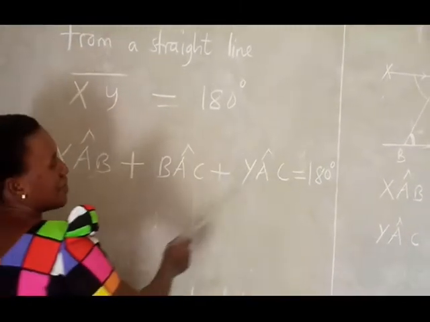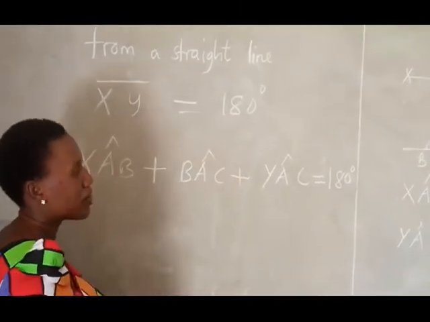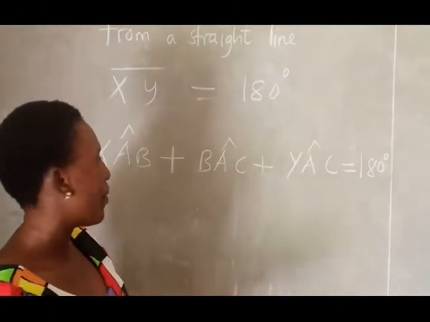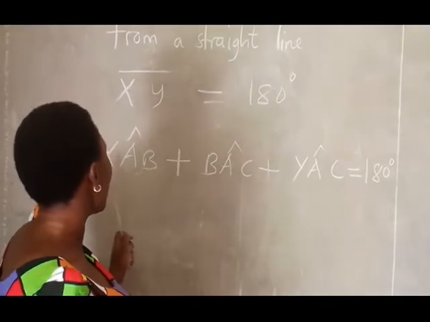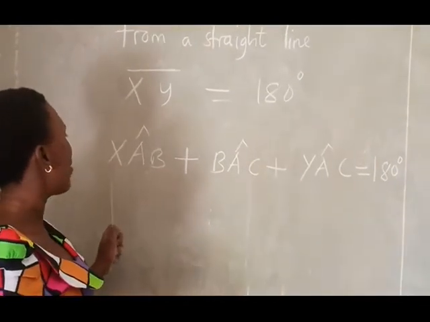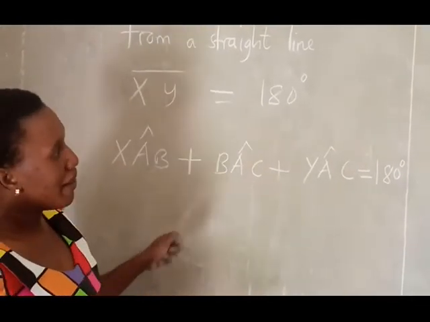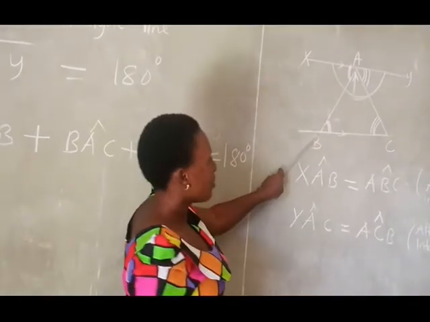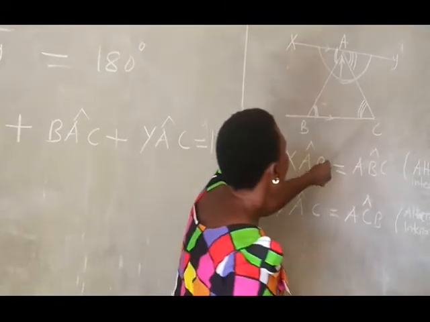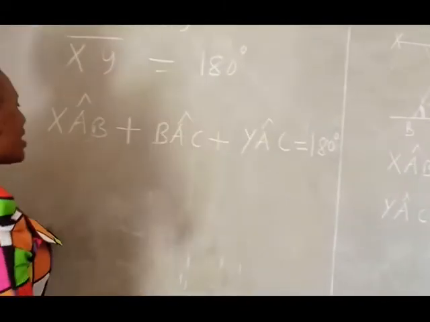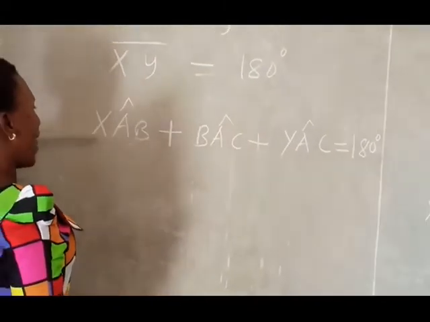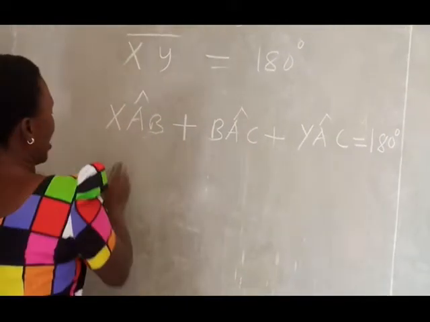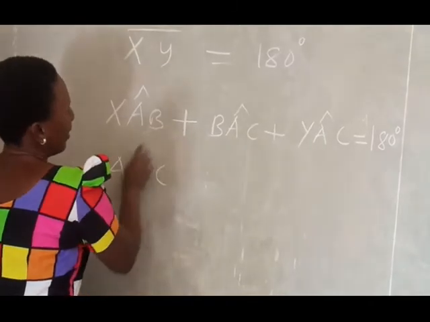And from these values, we have some angles which are equal to those angles within the triangle. Since angle XAB is equal to angle ABC on this triangle, then instead of writing angle XAB, we write the angle within that triangle, which is angle ABC.